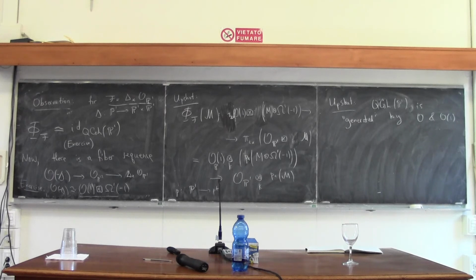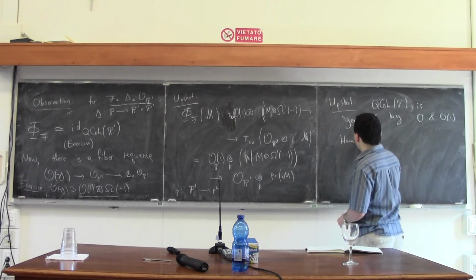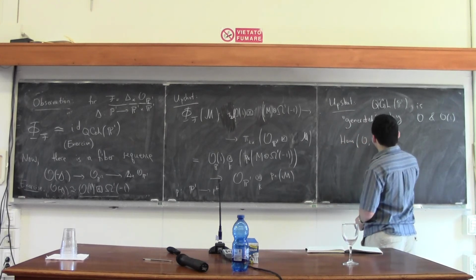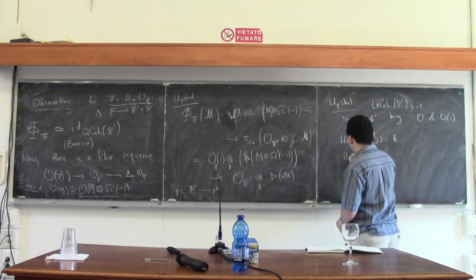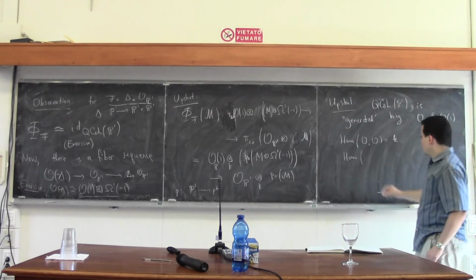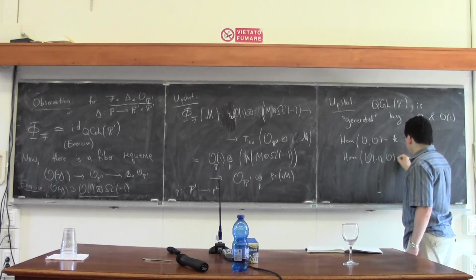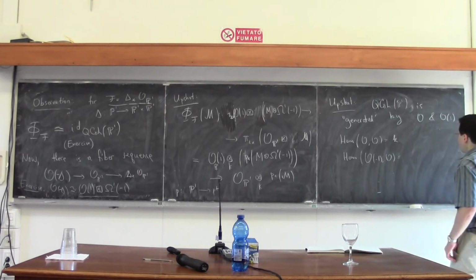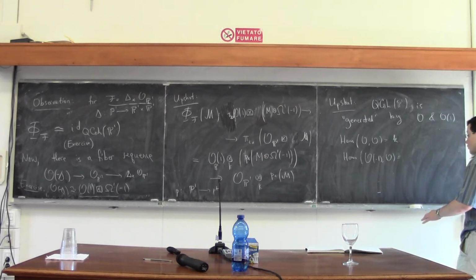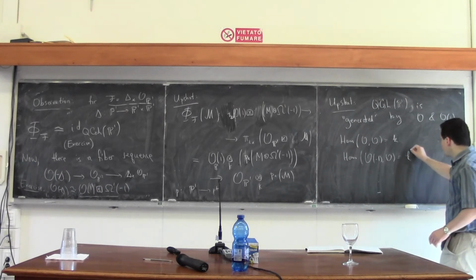The thing to understand about these objects is the Homs between them. We know that Hom from O to O is just k. There are no higher ones, so this is all in degree 0. Hom from O(-1) to O is also k squared.